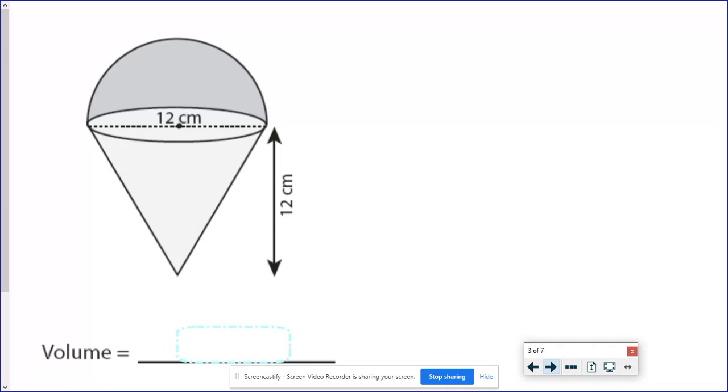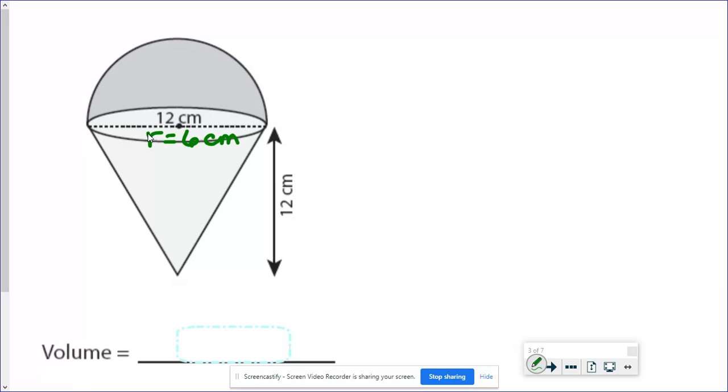Now, for this one, I have a cone with, really it's just a hemisphere on the top. So for this one, they both have exactly the same radius. They give me the diameter here, which is 12 centimeters, but that means that the radius is going to be 6 centimeters. The cone has a height.